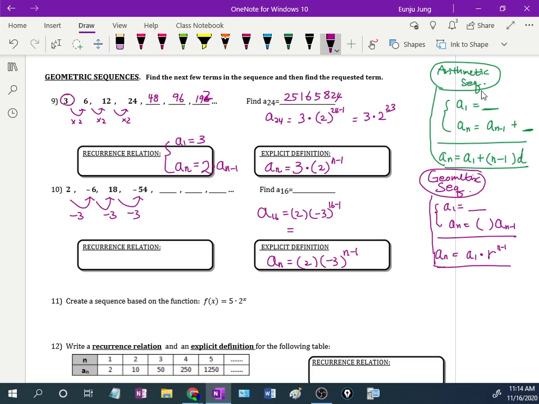All right, let's see, what do I get? 2 times, in the parentheses, -3 as a common ratio, and power 16 minus 1 is 15, and then let's see, what do we get? It's -2869781. Is that what you have? Okay, that is the answer.